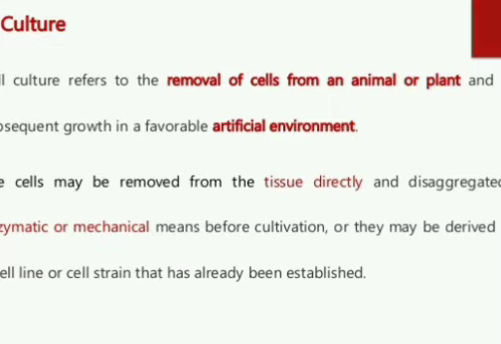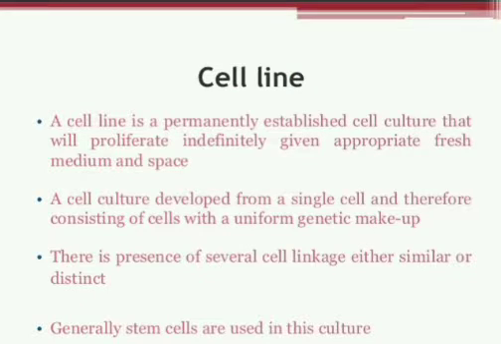I previously told you that primary cell culture has a good level of heterogeneity, which is an advantage, but there are disadvantages of primary cell culture over the established cell line. So what are they?